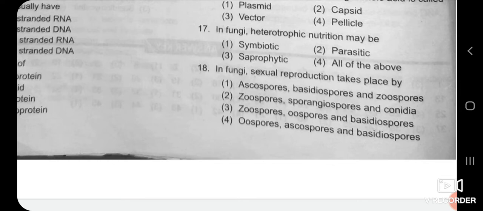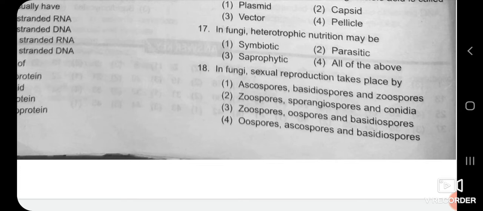The four options are: symbiotic, parasitic, saprophytic, and all the above. Heterotrophic nutrition means they cannot prepare their food, but depend on other organisms for their food requirement.